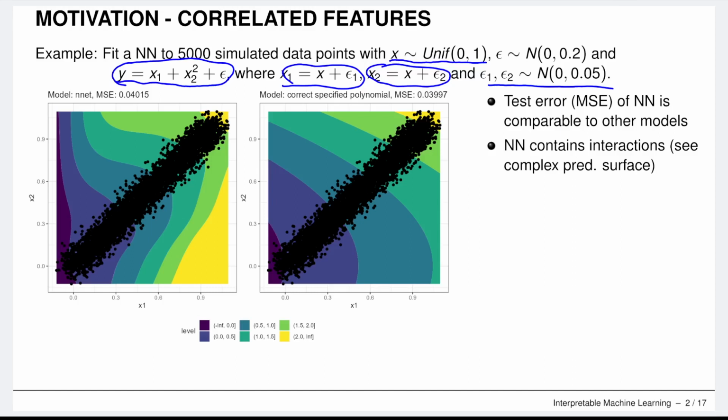Using this data, we fit two models. On the one hand, we fit a neural network and a correctly specified polynomial model, which means that we exactly use the quadratic feature x2 and the linear feature x1 in the model and fit our polynomial regression model here.